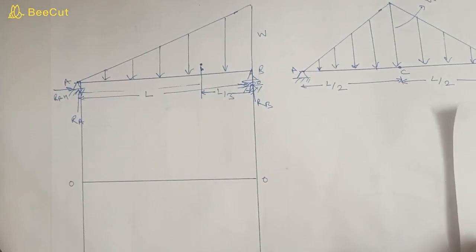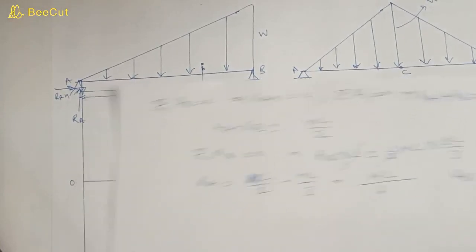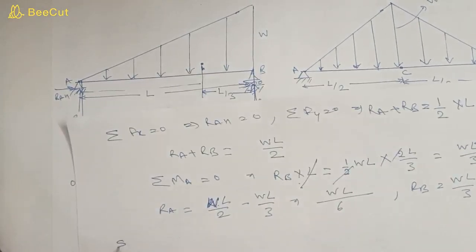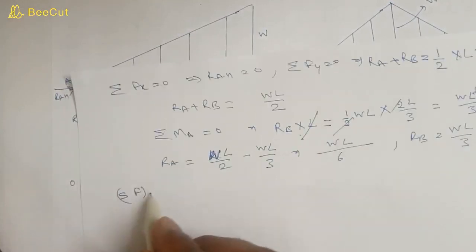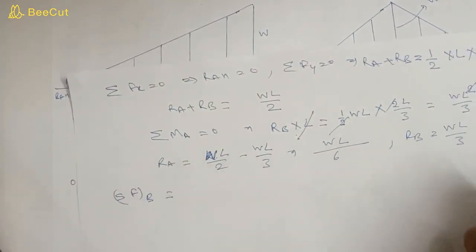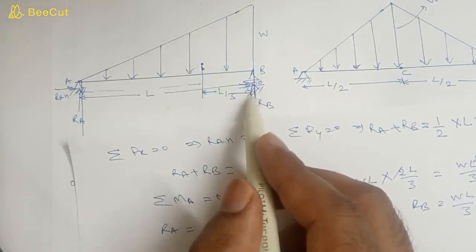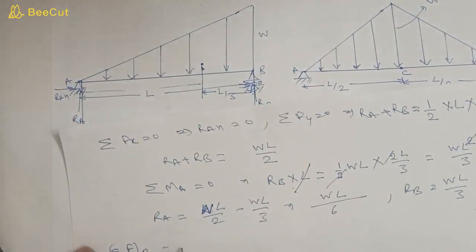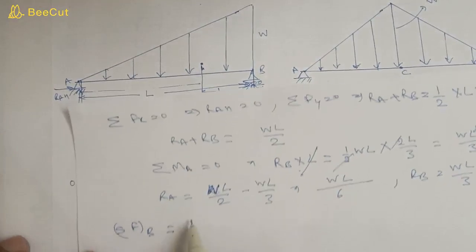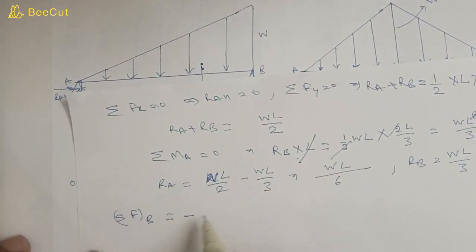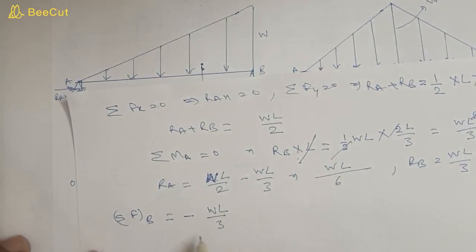Shear force at point B: at point B you can see that only the RB force is acting, so it will be equal to RB, and it will be negative as per sign convention. So at B it will be minus WL by 3.